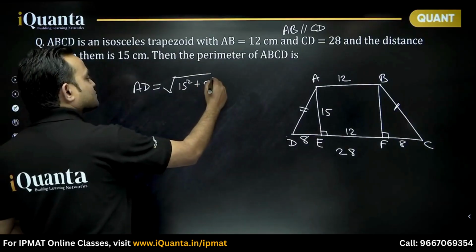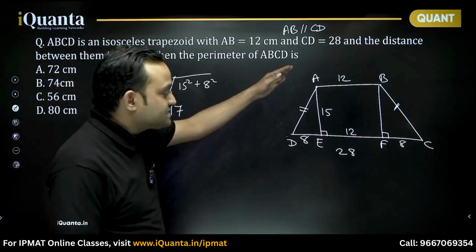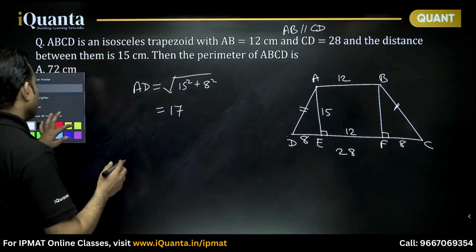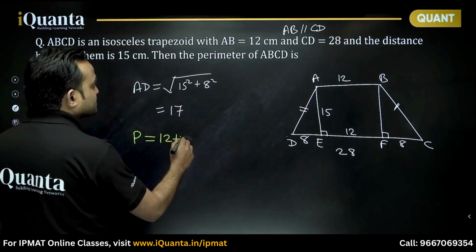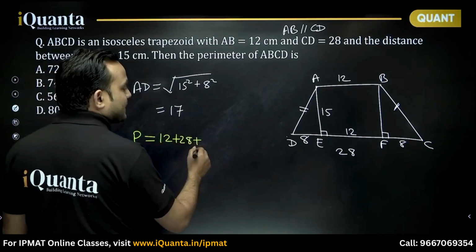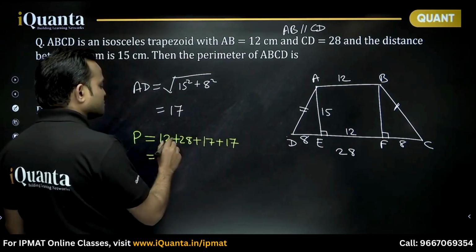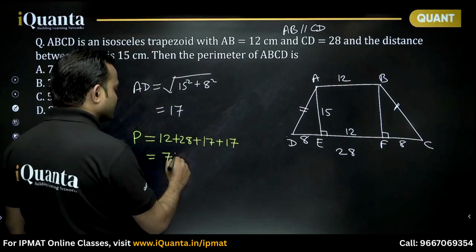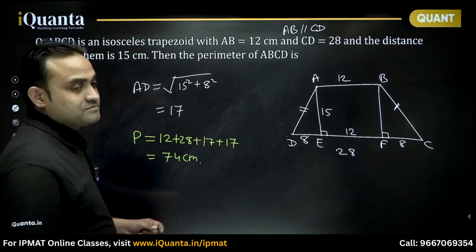So 15 square plus 8 square, this is equal to 17. So AD is equal to 17. What will be the perimeter? That will be equal to 12 plus 28 plus 17 plus 17. So this will be 40 plus 34. It will be 74 centimeter, which is our option B.